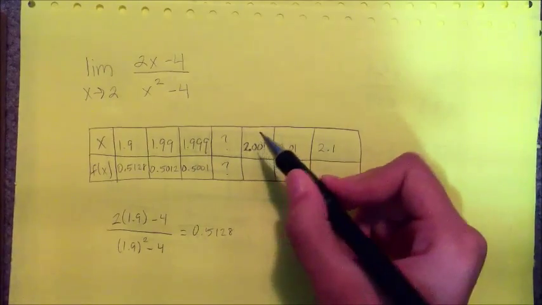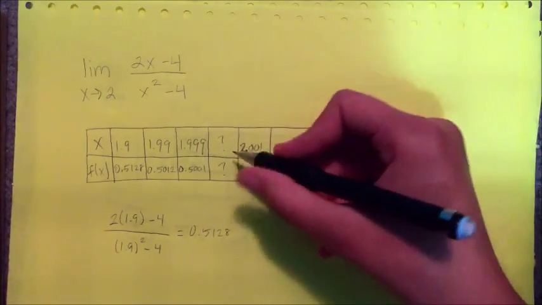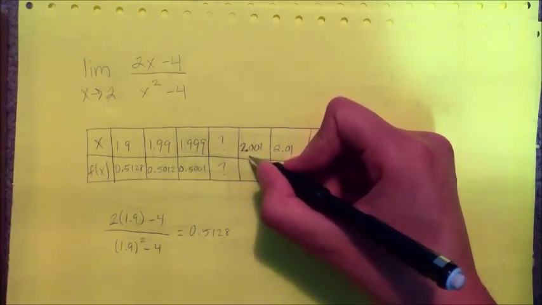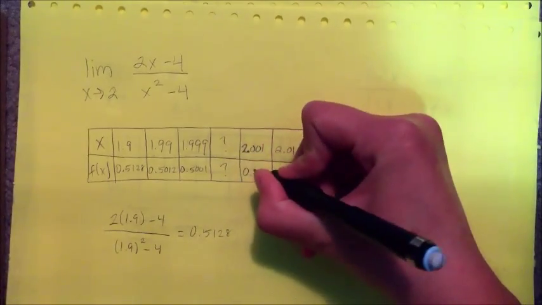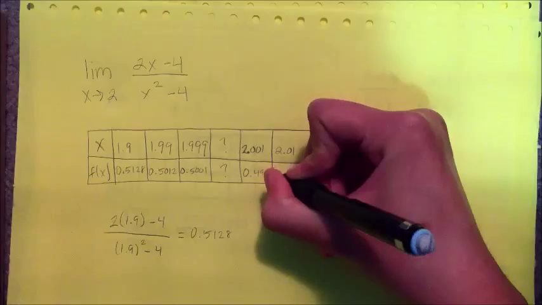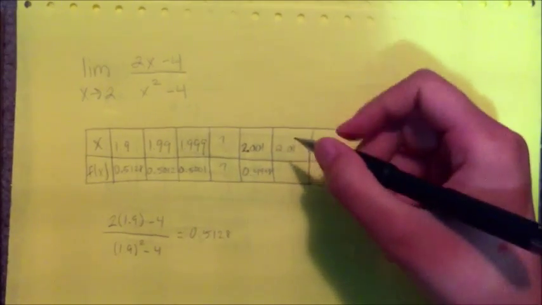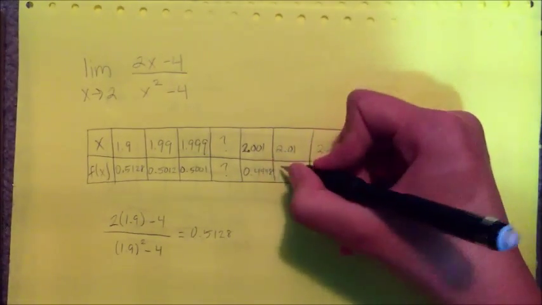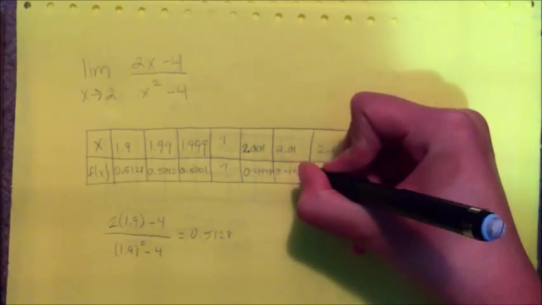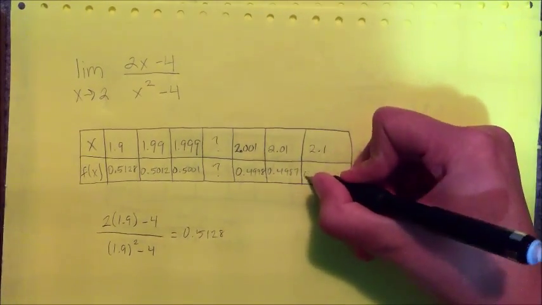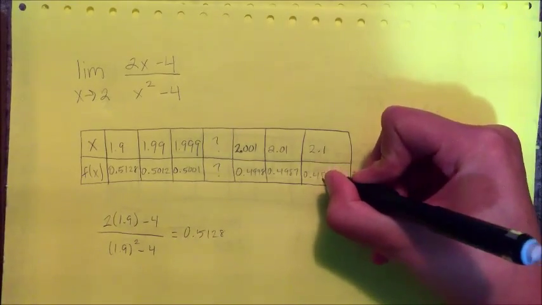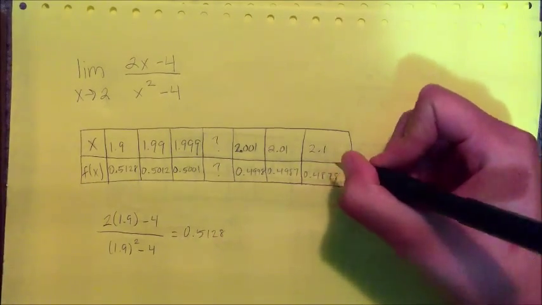As x approaches 2 from the right, we get, plugging in 2.001 gives us 0.4998. Plugging in 2.01 gives us 0.4987. And plugging in 2.1 gives us 0.4878.